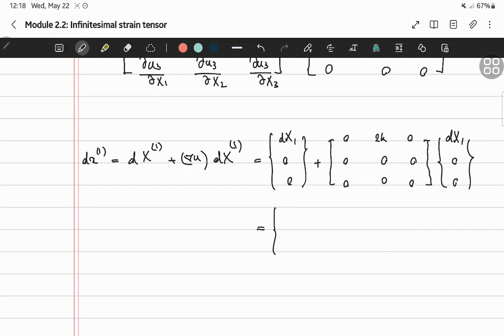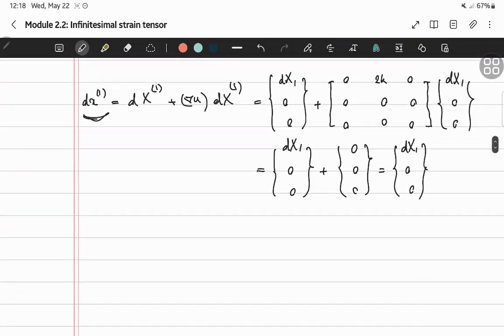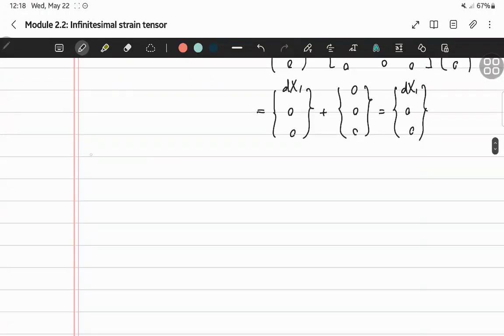So if I do this, this becomes dx1, 0, and 0, plus 0, 0, 0, which means that dx1 remains the same as we have in here. So they're basically the same. Therefore dx1 is equal to dx1.